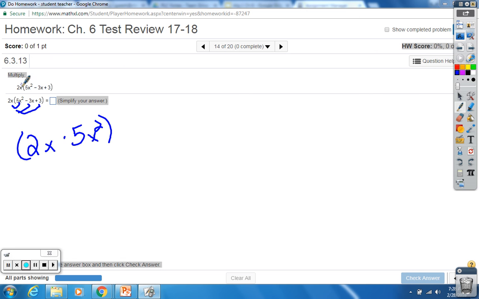Since a negative times a positive is a negative number, we'll put minus. So we'll have 2x times 3x plus, and then we'll have our last one, which is 3 times 2x.